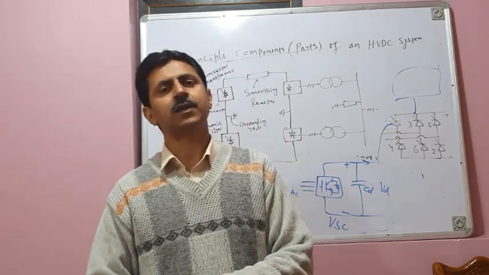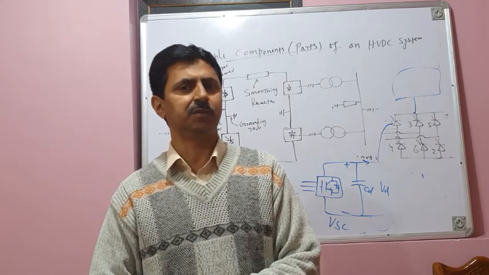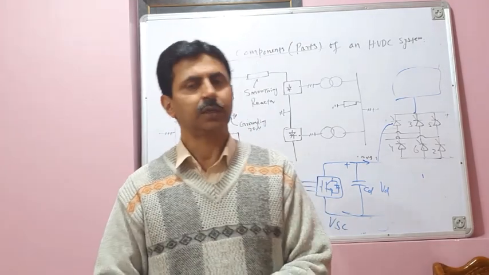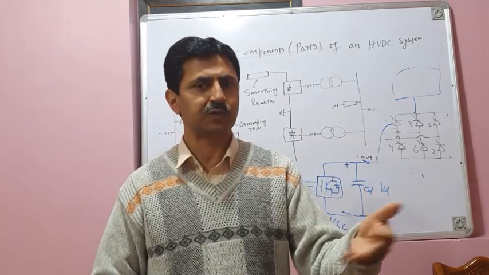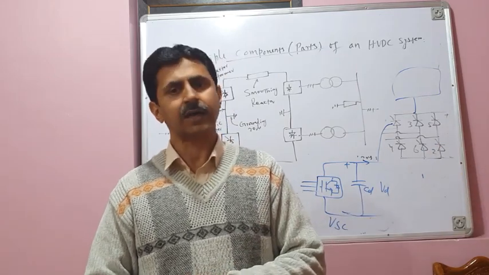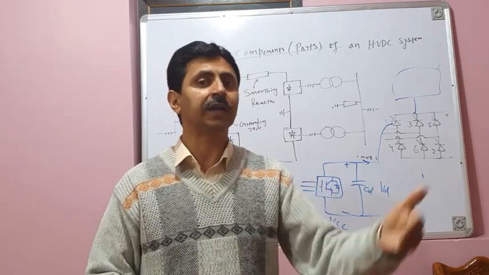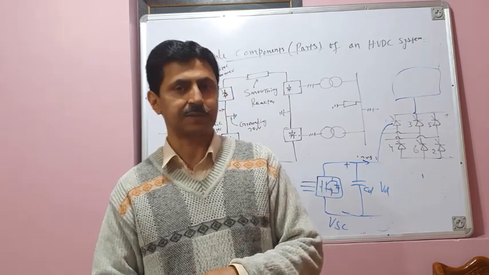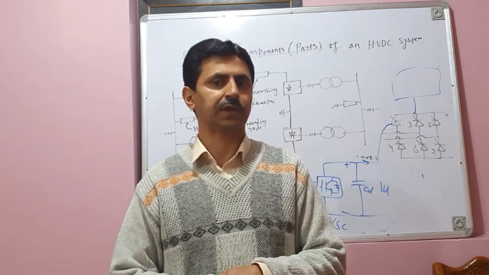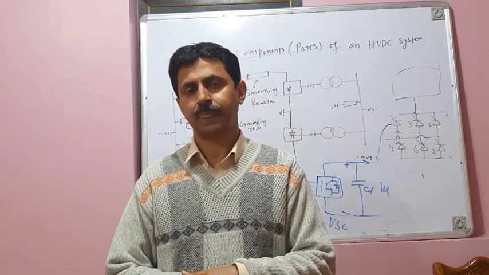Now, as far as the current source converter is concerned, in all classical HVDC power transmission systems, the HVDC power transmission systems which are globally existing, including in India, current source converters have been used and are being used. But in modern HVDC power transmission systems, voltage source converters are used, using IGBTs or GTOs.